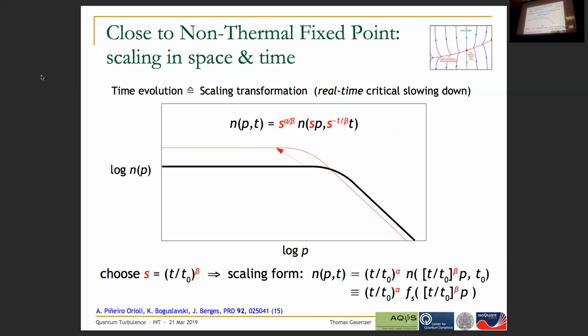So you can rewrite this because now the time has fallen out of the evolution on the right-hand side as an explicit parameter, being replaced by this offset time. I can rewrite it using this universal scaling function F_S, which just describes the form of this curve, which then at the particular time defines my number distribution over the momenta, depending on t over t0, and then these exponents alpha and beta.